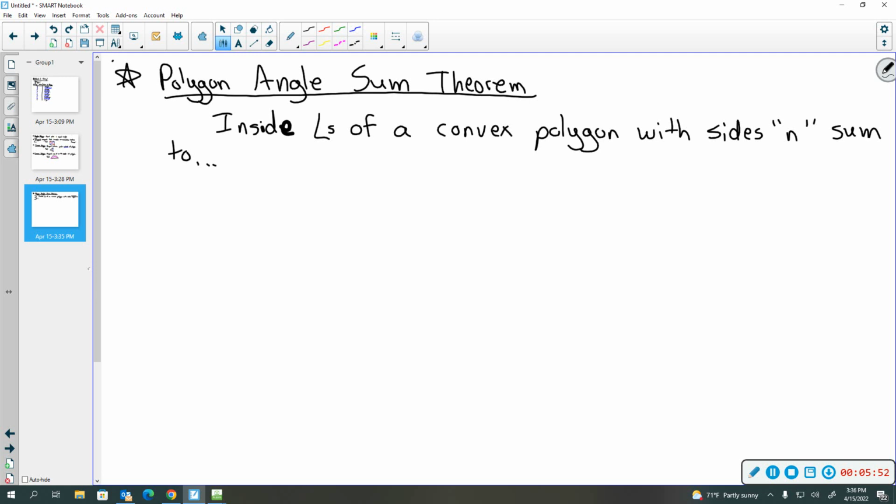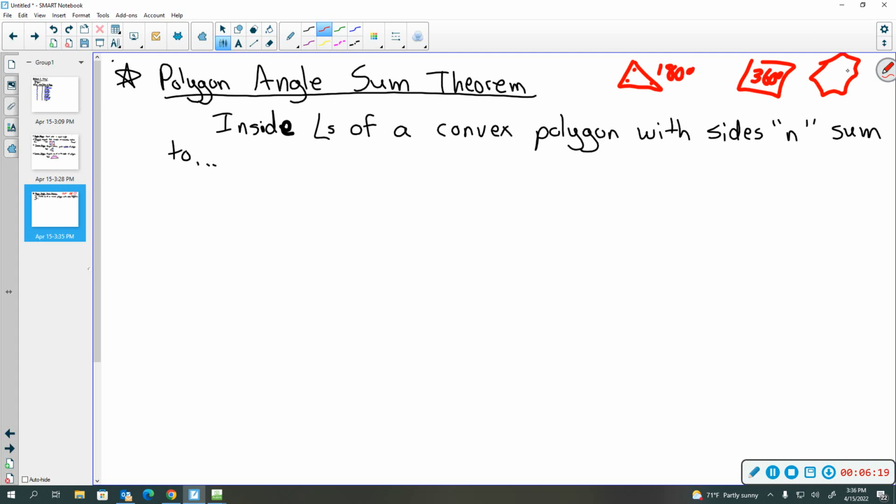So if you take the inside angles of a convex polygon, they're always going to be a certain amount depending on the number of sides that you have. For example, before I give you this formula, if you have a triangle, we know that all three angles add up to equal 180. Well, if you have a quadrilateral, we know that all of those add up to equal 360. But what about a multiple-sided one?